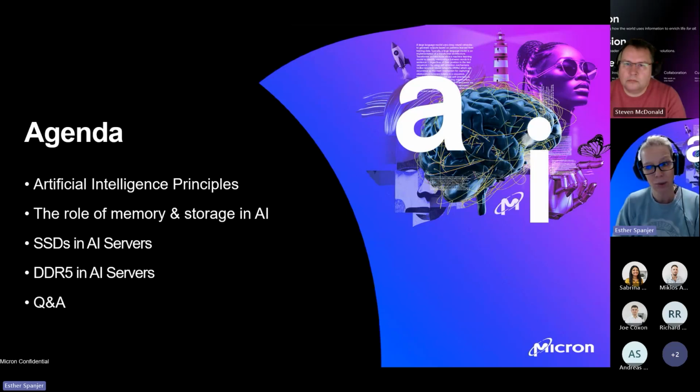And then we'll get into an even deeper dive into particularly the configurations of both SSDs and DRAM modules in AI optimized servers. As Miodrag was referring, if you have a question, feel free to put it in the chat and we'll address that either during the presentation or towards the end.